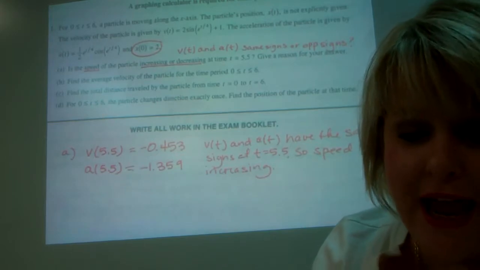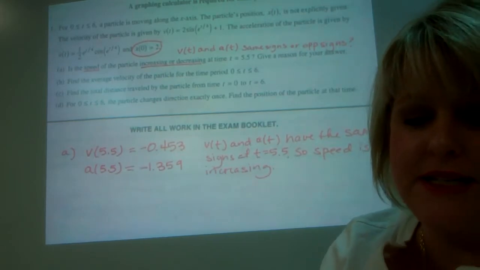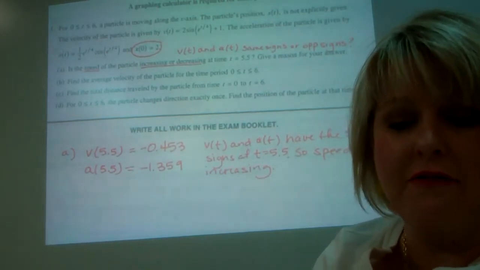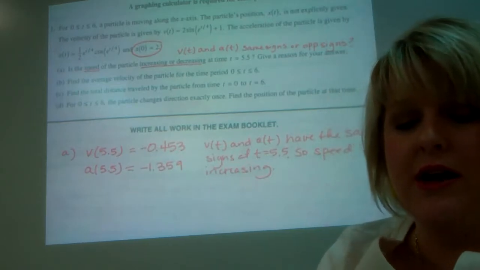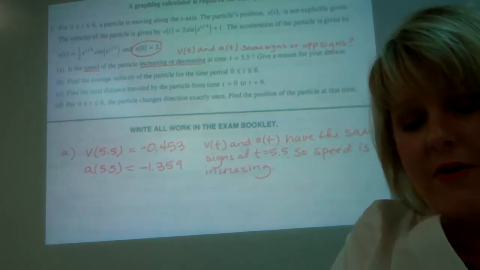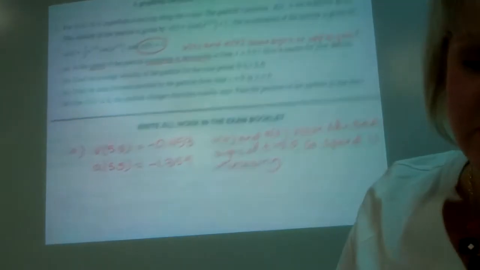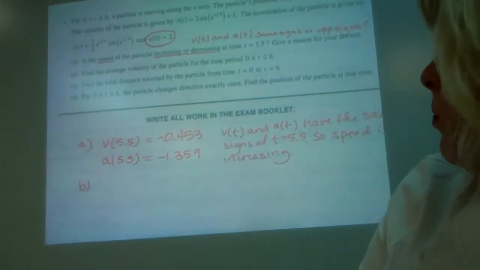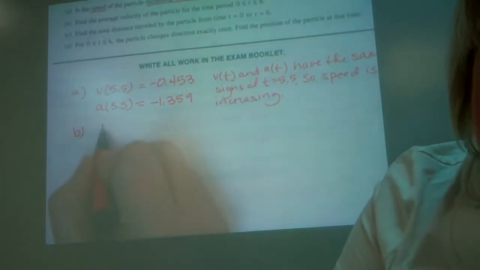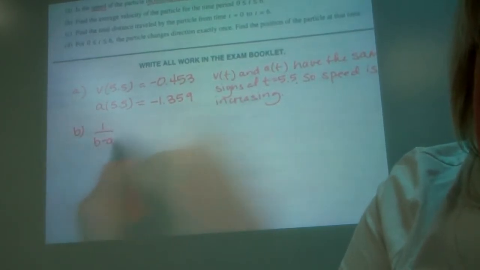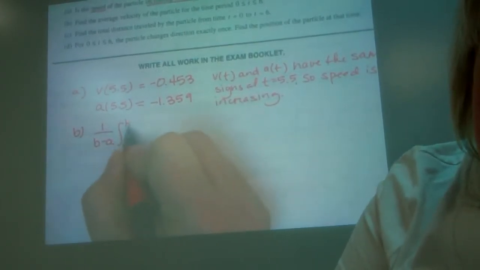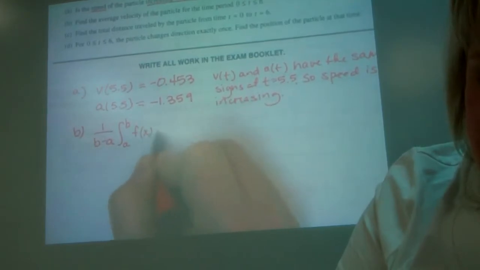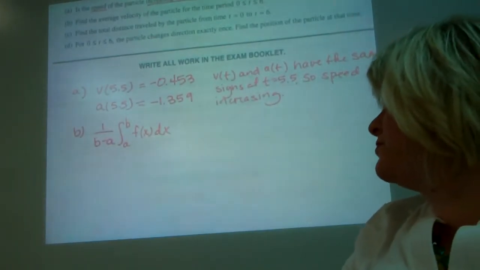Number 2, find the average velocity for the time period 0 to 6. So we're going to use our average value function, trying to find the average value of the velocity equation. So for average value, it's 1 over b minus a times the integral from a to b of the function you're trying to find the average value for.